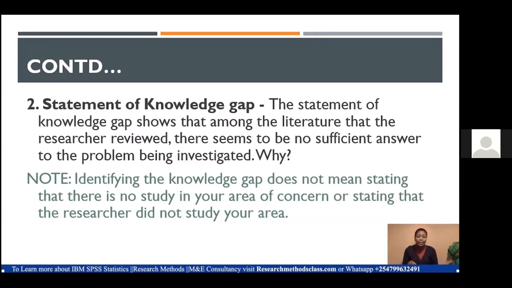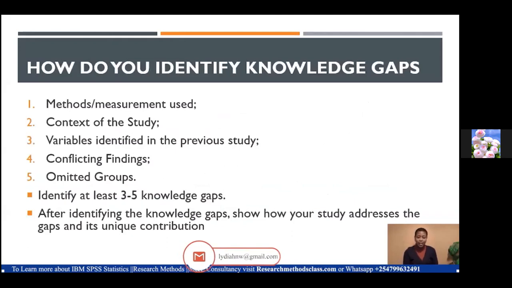By identifying the knowledge gap, you are saying that many people have done this, but they have left out the area that your problem is coming to address. There seems to be no sufficient answer to the problem that you are investigating. So how do you identify the knowledge gap? You identify it by looking at the methods that the authors you have reviewed have used and what you want to use.